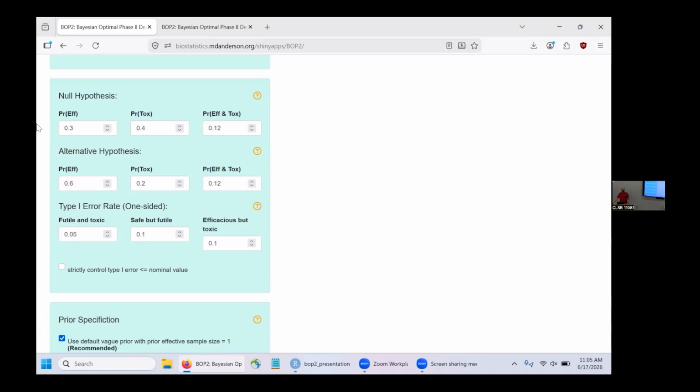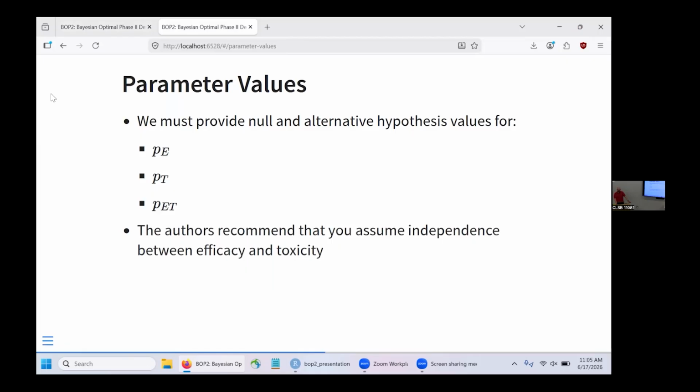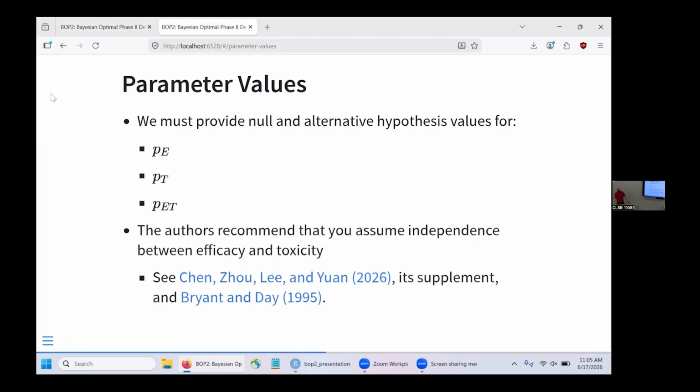Even if you're wrong, the negative consequences of being wrong are not that bad. Now, you might have strong reasons to believe that efficacy and toxicity are positively correlated or negatively correlated. I don't know, that's up to you. But this is the default, to assume that they're independent. Recommendation: assume independence.